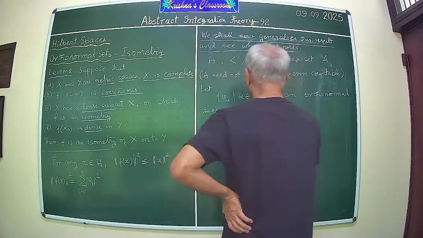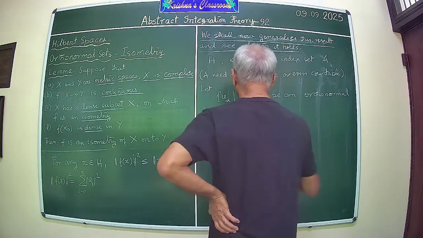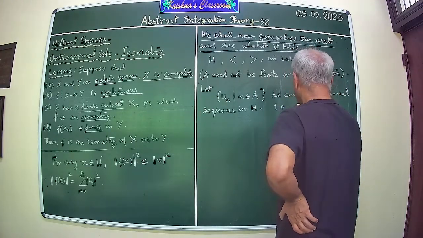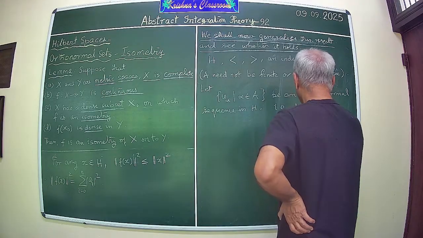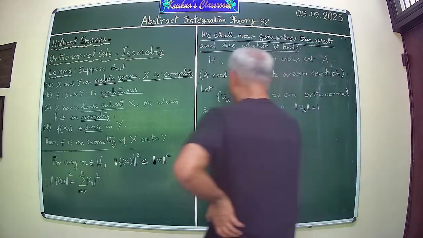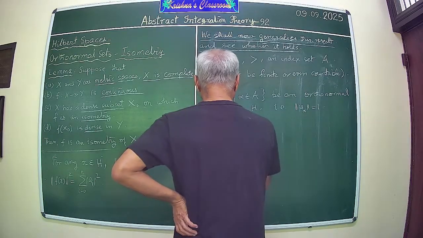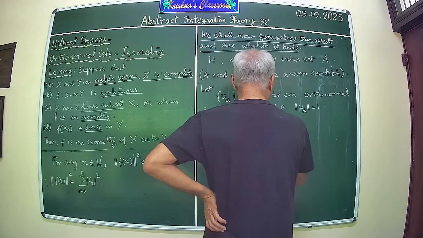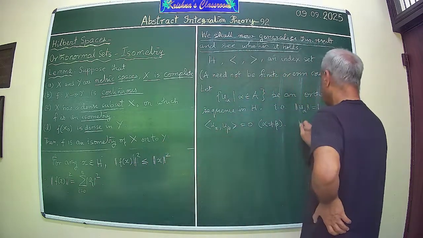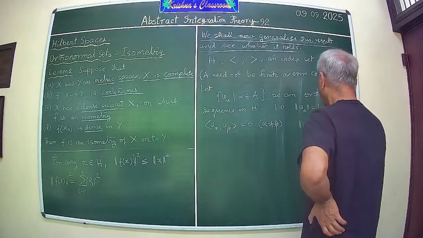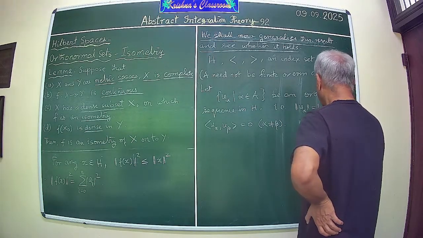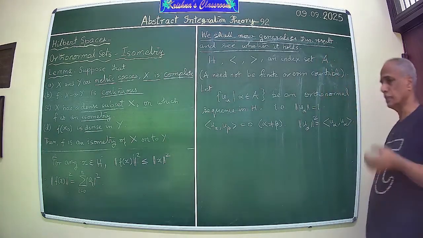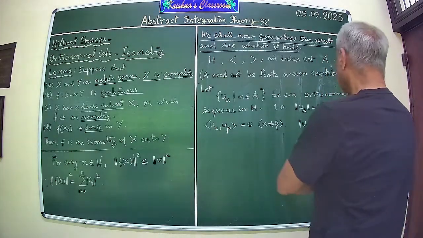In the orthonormal sequence, the inner product is one, and theta, and you see that so these results we have already. Okay.